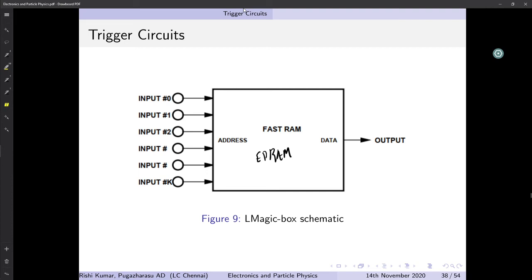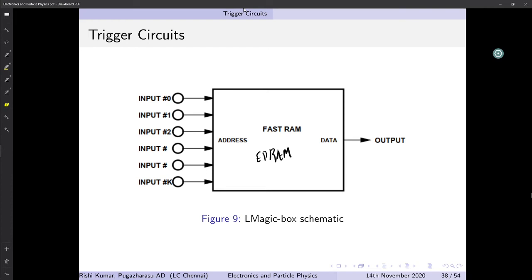But essentially, what it does is it stores the data into the RAM cells, and the input signals basically carry the address of the memory. In return, the magic box outputs the stored value, and the addresses always correspond to a valid trigger combination. So the only addresses that are stored are the ones that you have done your coincidence matching with and that you consider to be valid.